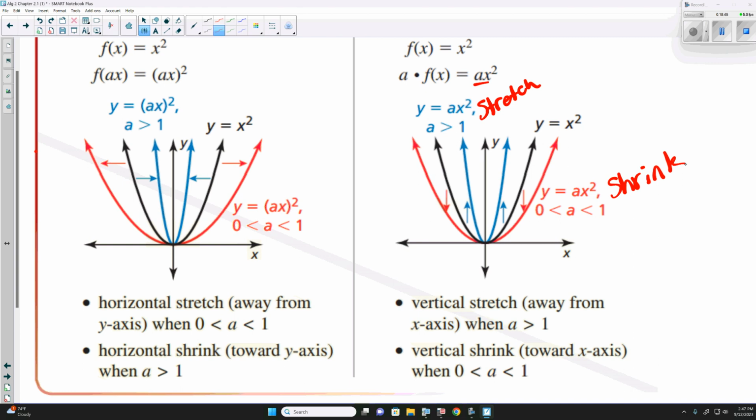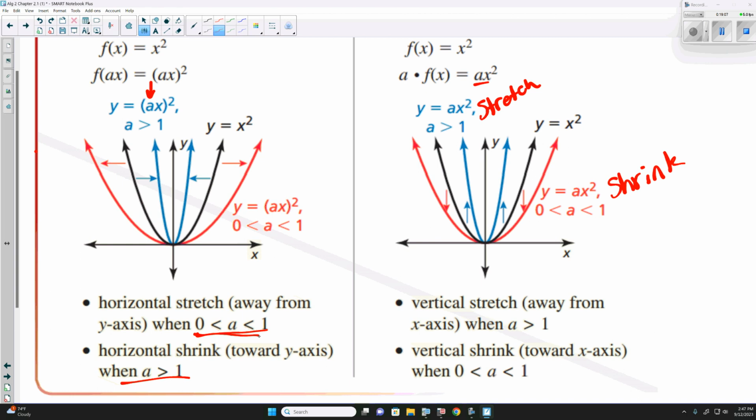Now, horizontal is where, again, the value of a, if you notice, is inside the parentheses. It's in front of x being multiplied, but it's inside parentheses. And at the bottom, it says horizontal stretch away from the y-axis when a is between 0 and 1. That's the opposite of vertical stretch and shrink, yes?